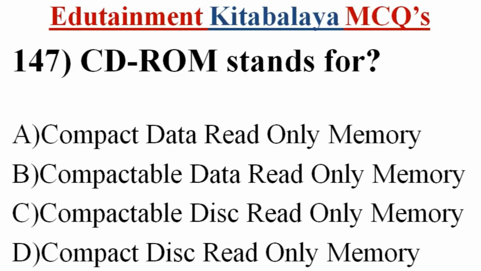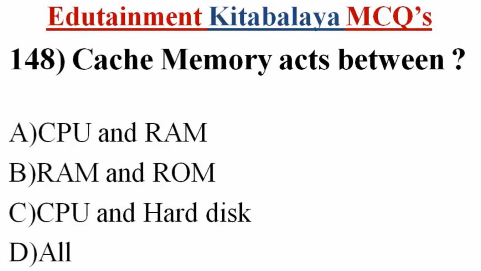D. Compact disk read-only memory. Correct answer is D. Question number 148. Cache memory acts between A. CPU and RAM. B. RAM and ROM. C. CPU and hard disk. D. All. Correct answer is A. CPU and RAM.